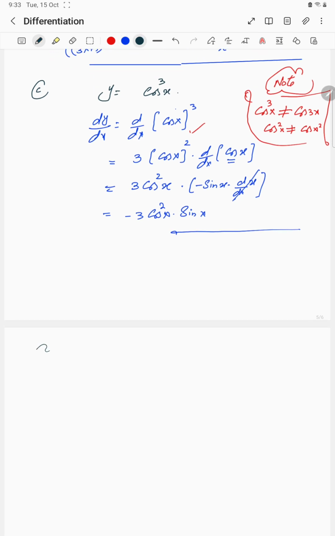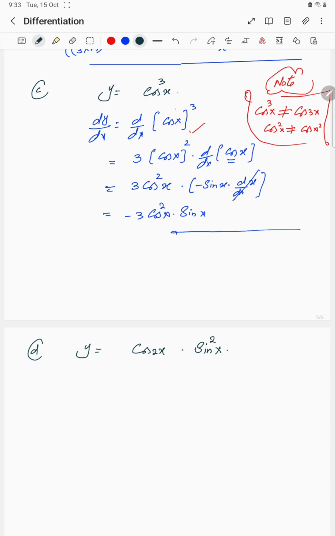Almost everything is done. In part D we have y equal to cos 2x times sine square x. What to do now? Here we have cos of theta, I can write this as cos of 2x.